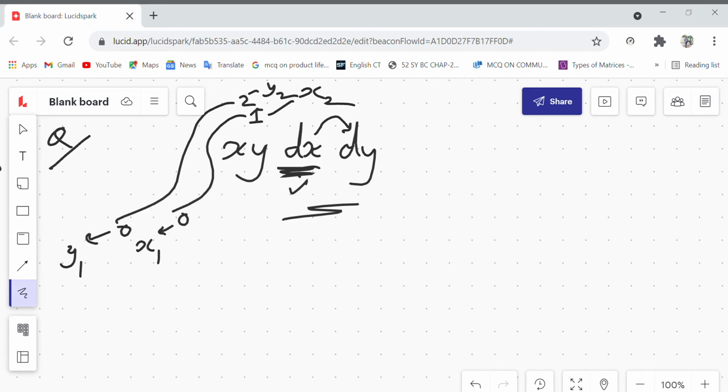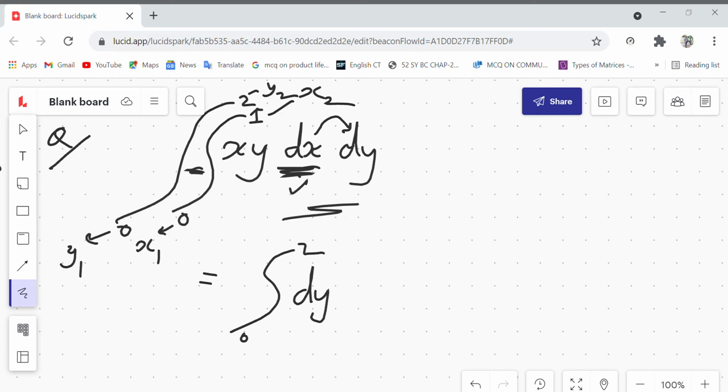So then after that, how will we continue to write? So first write integration of 0 to 2. So this is y1 and this is y2. So in this space, dy will come. Dy I wrote here because this is y1, y2.